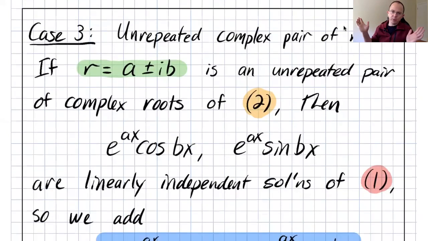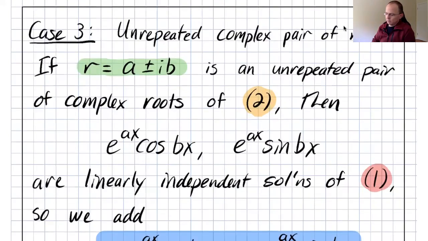So what does this mean for solving the differential equation? If we look at the characteristic equation and we find that it has a complex pair of roots, so if there's a complex root a plus I times b, then we're guaranteed to have the corresponding a minus ib root as well.